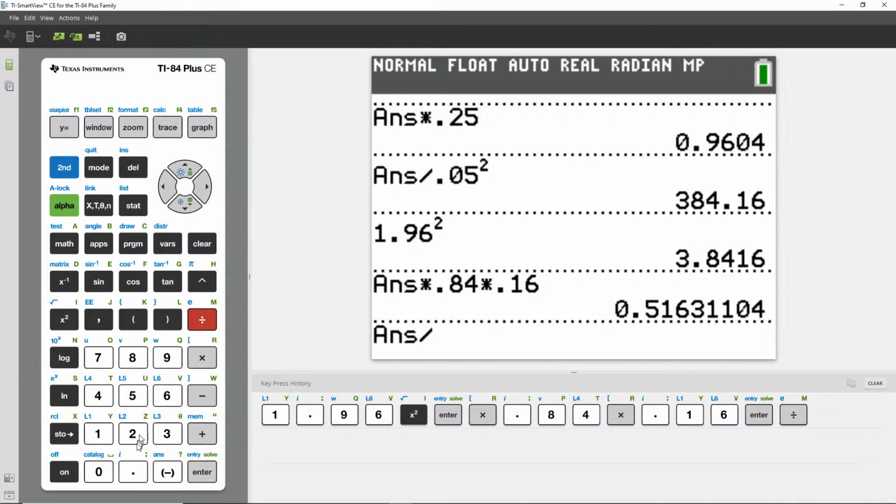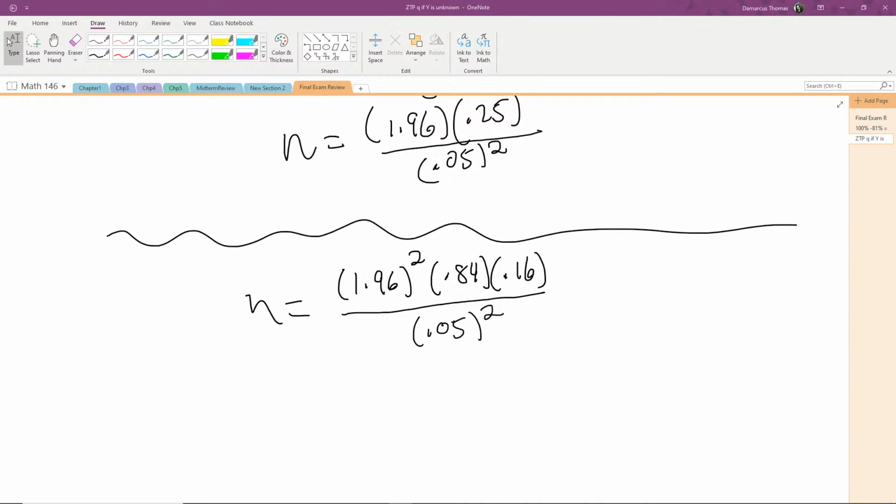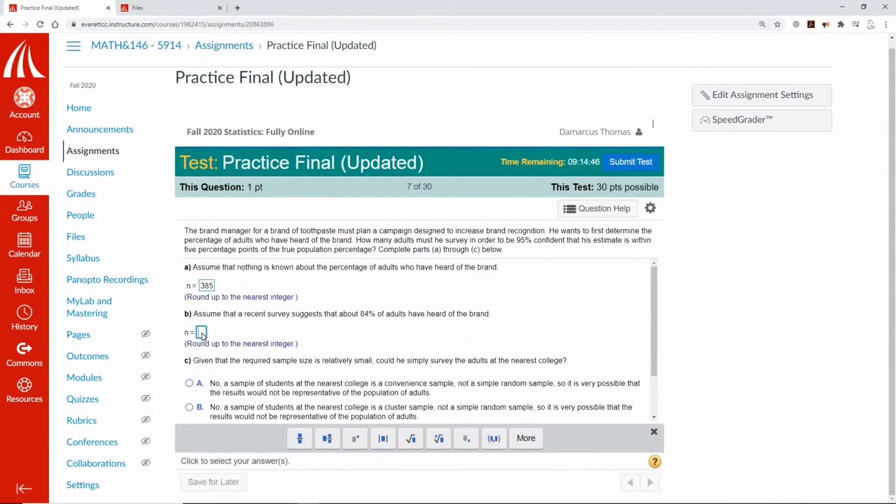And now I'm going to divide all of that by 0.05 squared. All right. So I got 206.52. That means we need to survey 207 people. You always round to the greatest integer in these kind of survey problems.